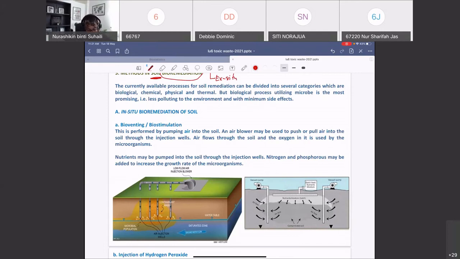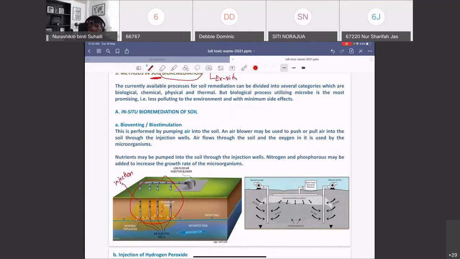Okay, so this picture shows you how the biostimulation or bioventing is carried out. Yeah, it involves pumps, whereby the nutrients are pumped into the soil. Yeah, you can see here are the injection wells. Okay, so what is inside the pump is the nutrients.